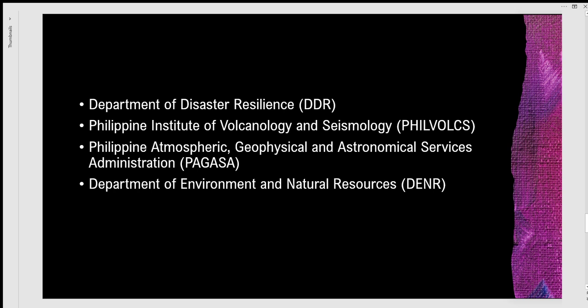Pag-asa. So, yung Pag-asa naman, we are aware naman na they provide flood and typhoon warnings. Tsaka, nagbibigay din sila ng public weather forecast and also advisories.